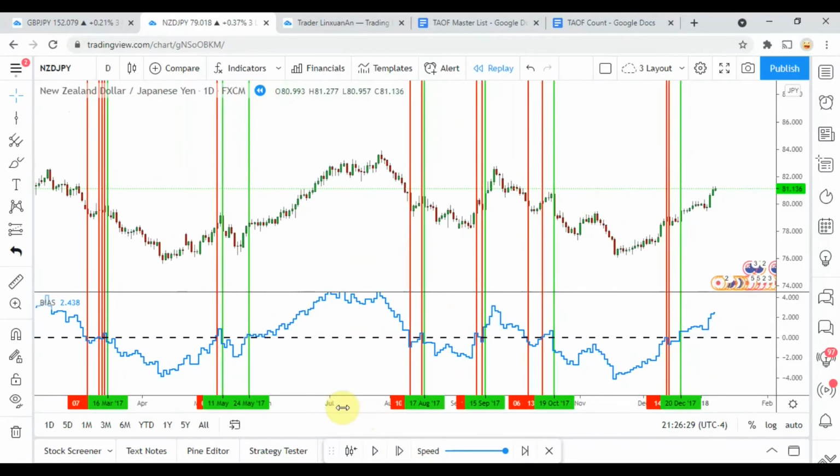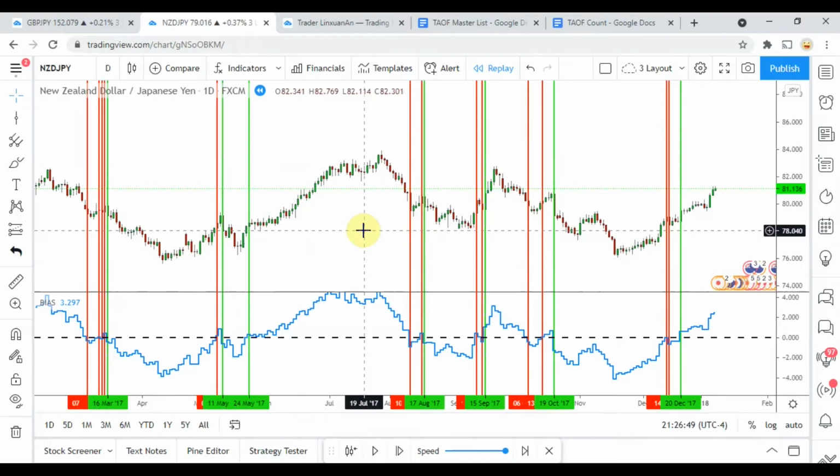All right, let's get zoomed in on this here and count these out and see what we get out of it. So we have 1, 2, 3, 4, 5, 6, 7, 8, 9, 10, 11, 12, 13, 14, 15, 16, 17, 18, 19, and 20.